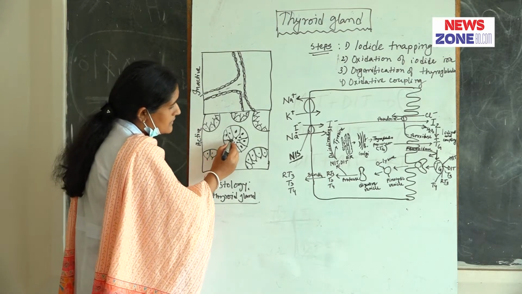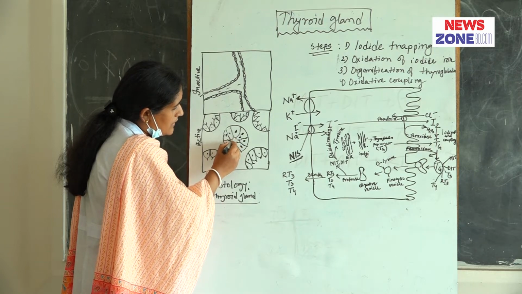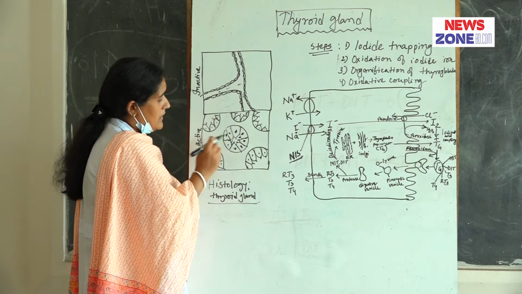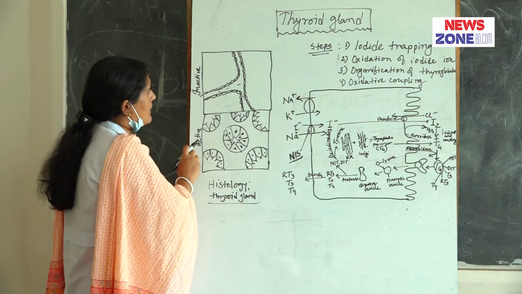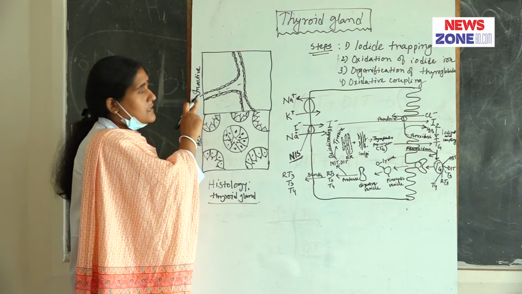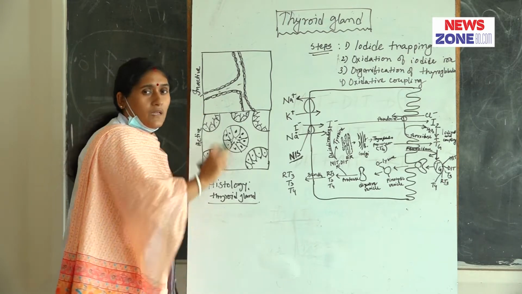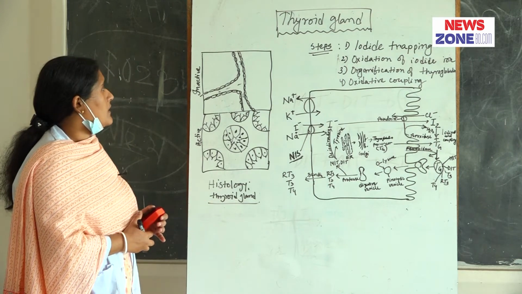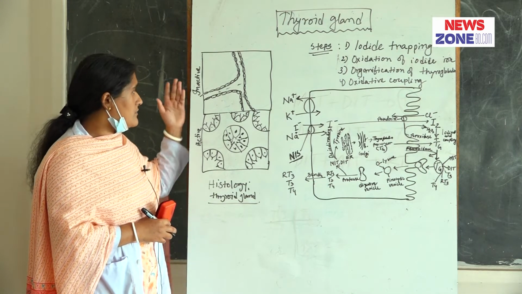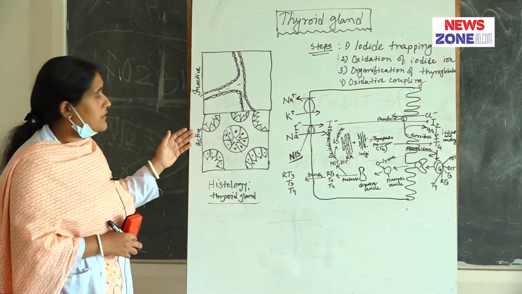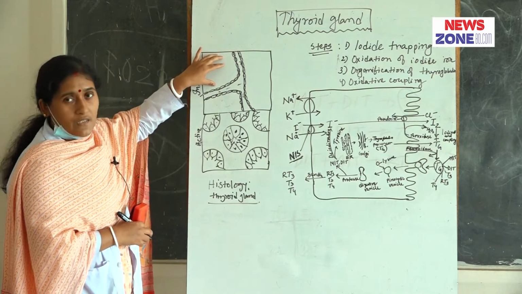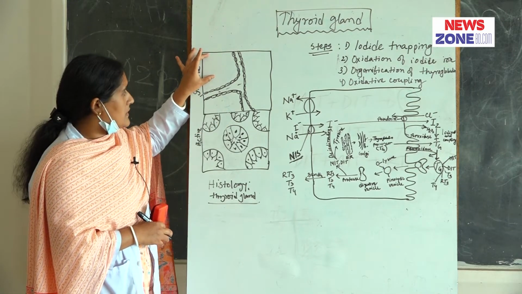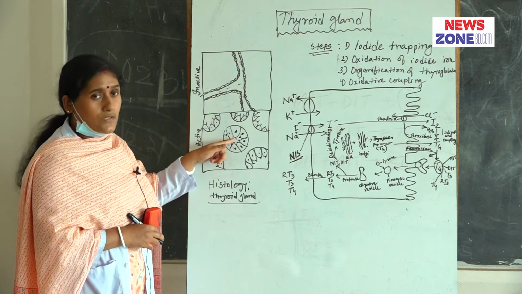And this is the reabsorption lacunae. Reabsorption lacunae is present in the active stage of the thyroid gland, but absent in the inactive stage. So, to summarize the histological differences: the size of the follicle is large in the inactive stage and small in the active stage. The amount of colloid is large in the inactive stage and small in the active stage.